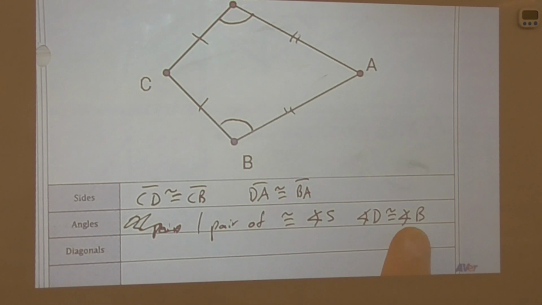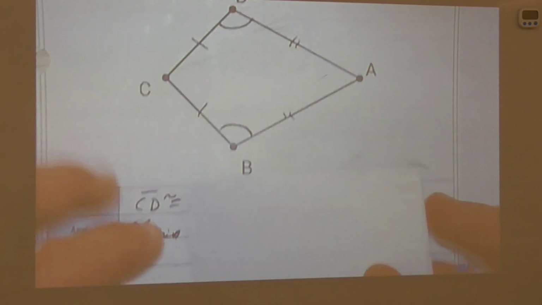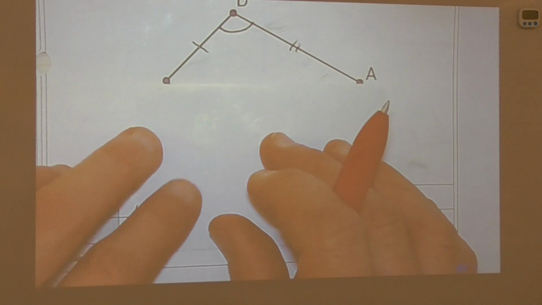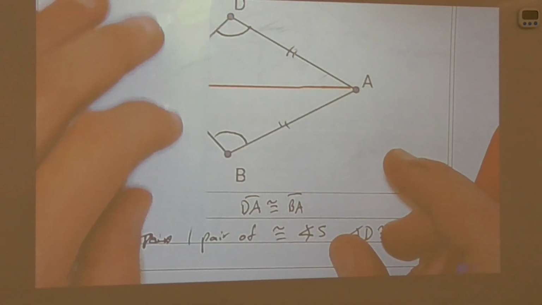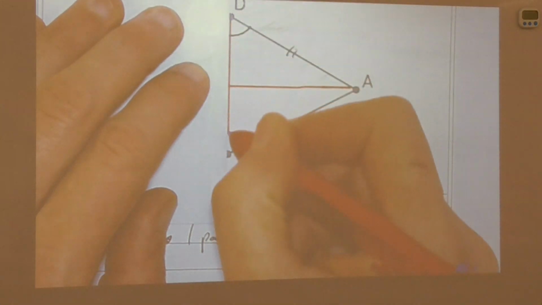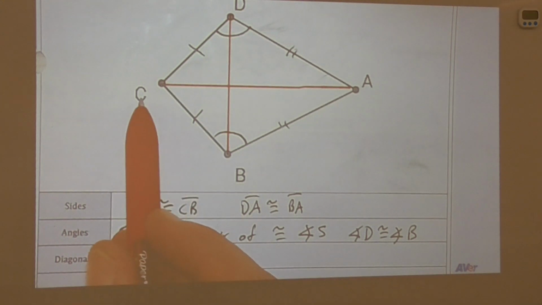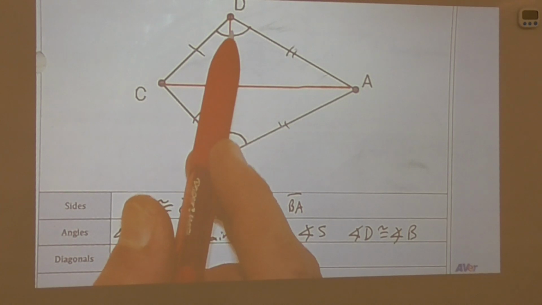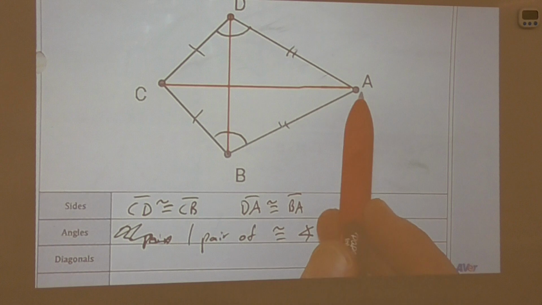But now we're going to put in the diagonals, and when we put the diagonals in, we're going to see some other relationships that are formed. So if we draw a diagonal CA, and we draw a diagonal BD, now the first thing that I want to caution you on is angle CBD, right here, is not congruent to angle ABD.